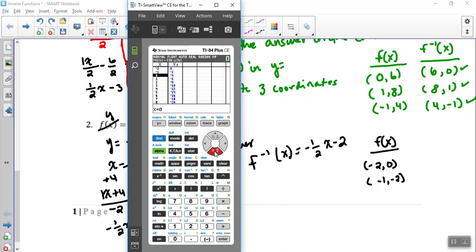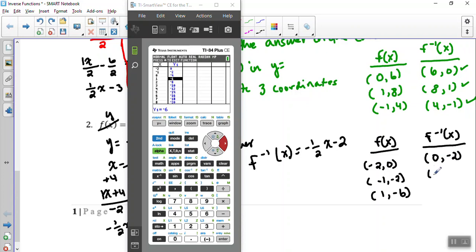And then, let me pick this one. 1 goes to negative 6. Okay. Now my f inverse of x, the inverse function, if I did everything right, it should have the coordinates switched. So let me switch them so I know what I'm looking for.